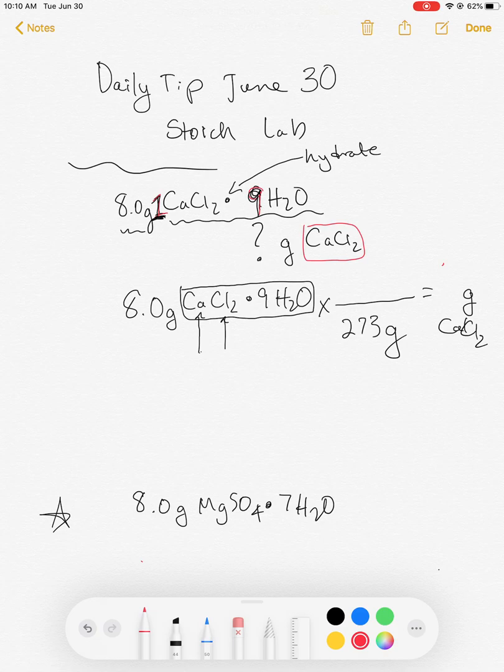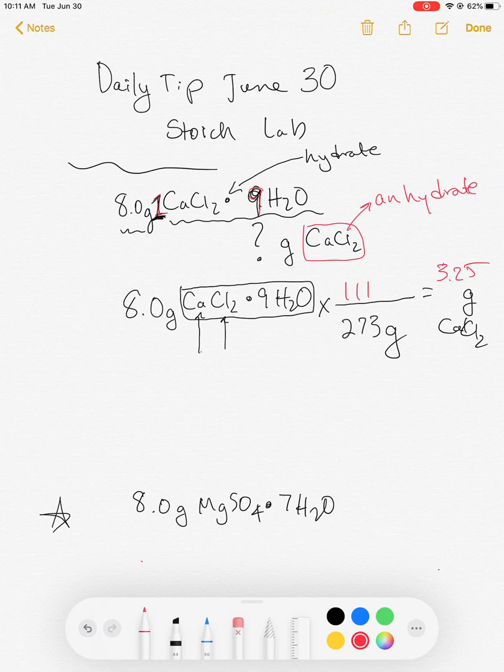And when we say without water, we have a prefix for that: without is anhydrate. In other words, without the water. That would just be the mass of the calcium and the 2 chlorides, which is 111 grams. And when you do the math, you should come up with 3.25 grams.